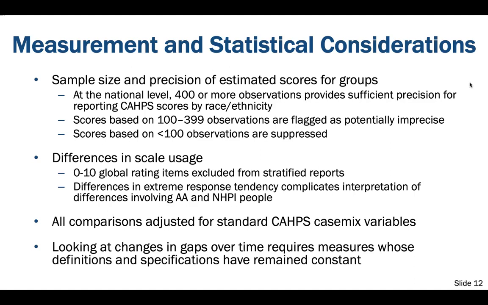the 0 to 10 ratings are ones that show a lot of variation with regard to scale use by race and ethnicity. So much so, and this is something that we've learned from vignette studies, where we show similar care scenarios to different groups, and the differences in use of the 0 to 10 rating scale are such that in general we've not recommended the use of 0 to 10 items when the purpose is comparisons by race and ethnicity.